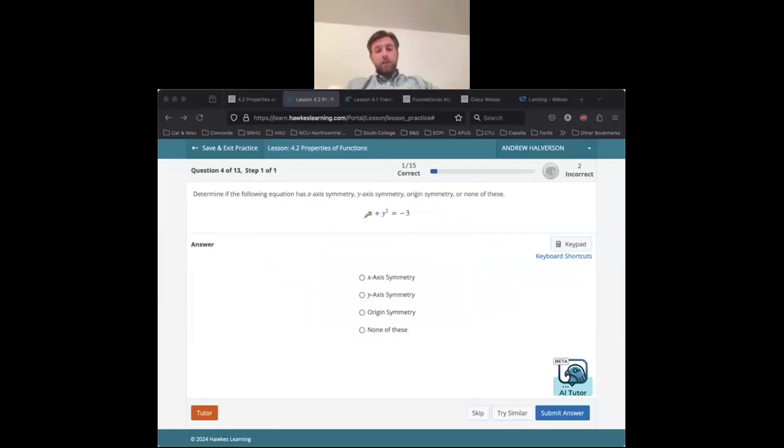And they may throw this to you. What if they gave you this? x squared plus y squared equals, I'm going to change it, positive 7. If you see both x and y squared, it doesn't always mean it, but usually means it's either a circle or an ellipse.